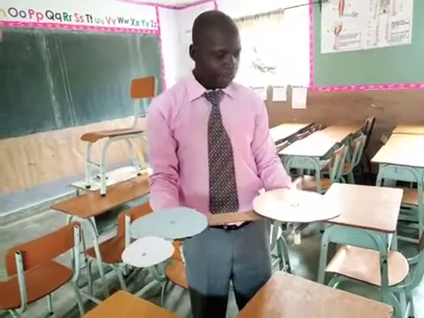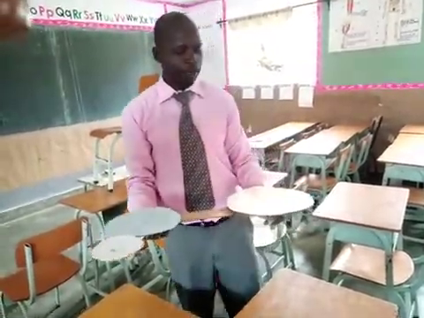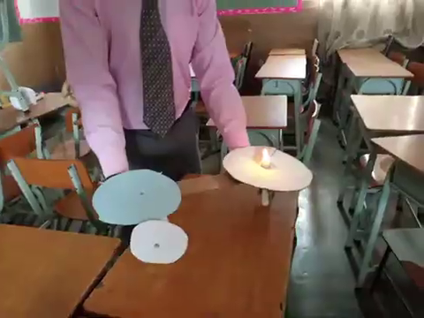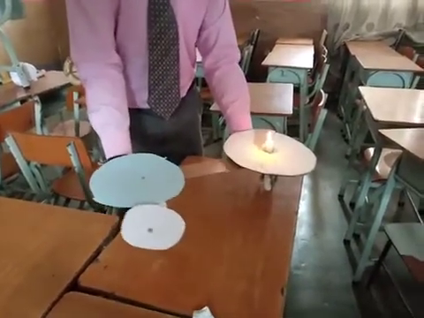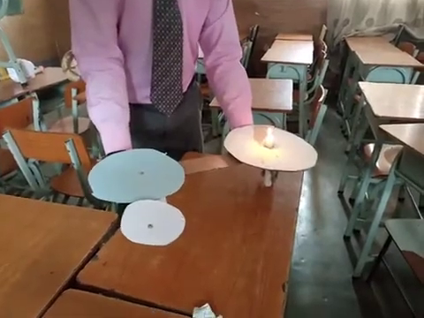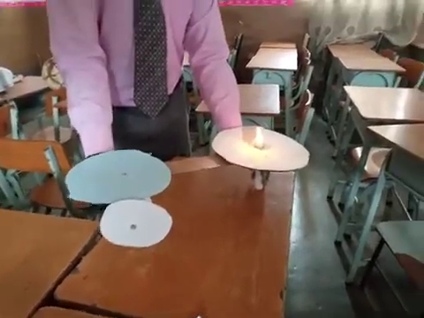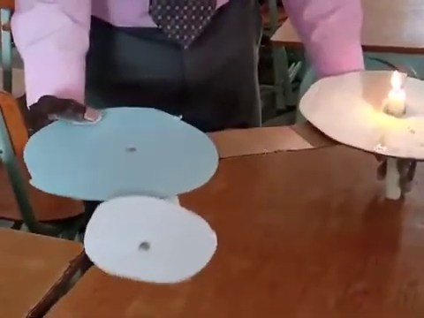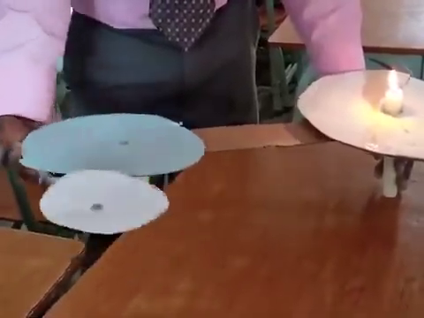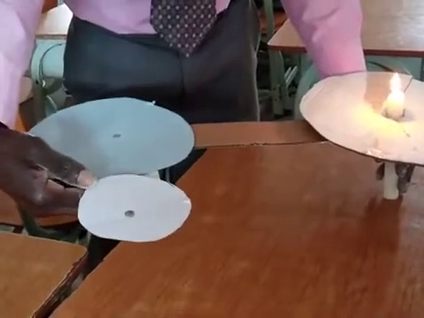My candle that's burning here, this candle flame, let's consider it the sun. That is the sun. The candle represents our sun. Look at this blue one. This one represents the earth. Look at the white one here. This one represents the moon.